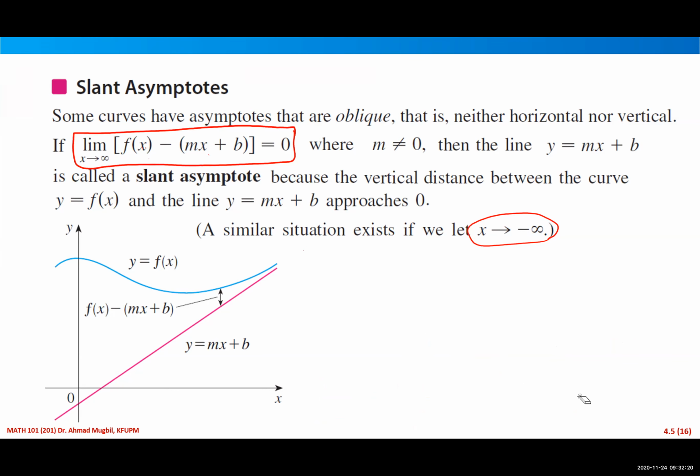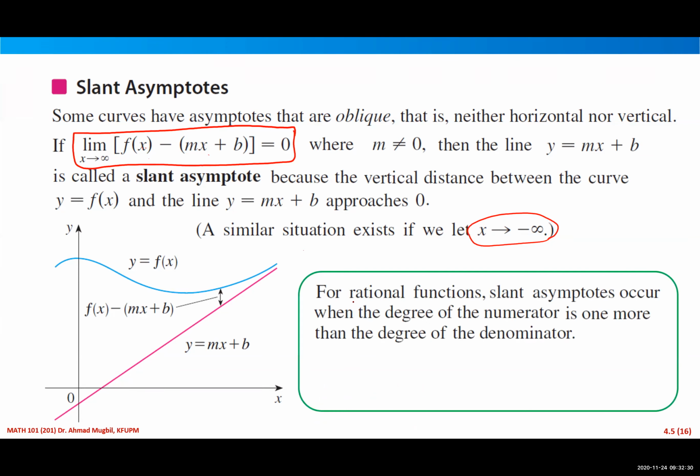Yes, you are right. When the function is rational, a polynomial over a polynomial, slant asymptotes occur when the degree of the numerator is 1 more than the degree of the denominator.